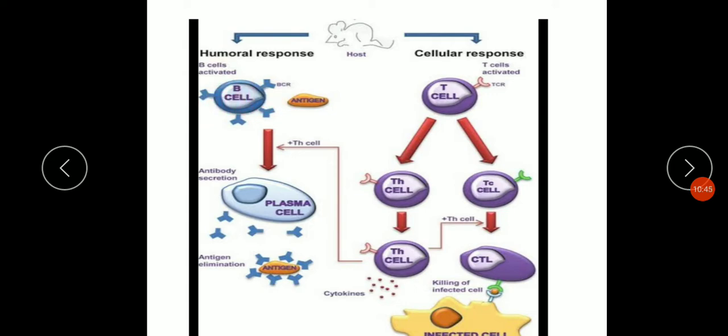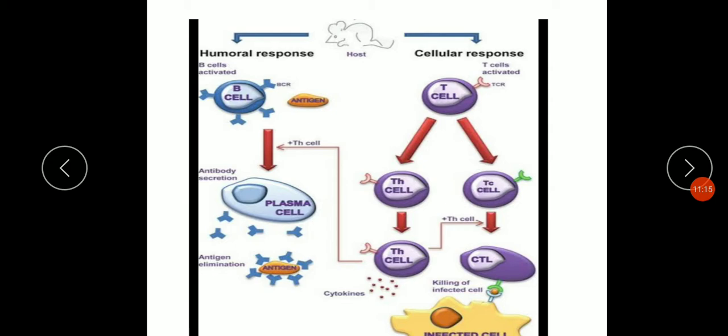Here one more important function of the T helper cells, or T4 cells, is that they help the B cells. B cells can bind the antigen directly, but they require the help of the helper T cells for their proper activity. So in this manner they help the B cells.